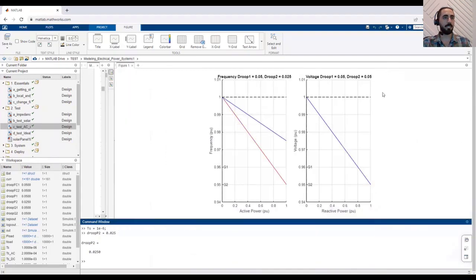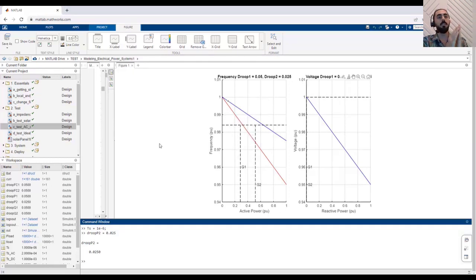So if we go back to the live script, now we see we have two different droop curves. For the red one, 5%, and for the blue one, 2.5%. They are at the same frequency, but the power shares are different.